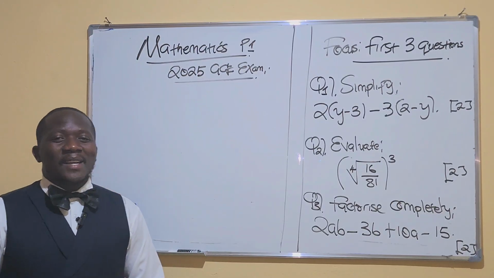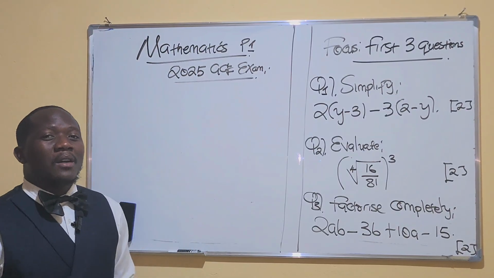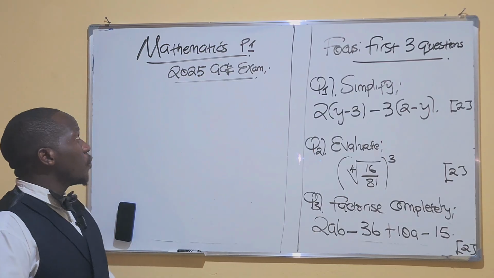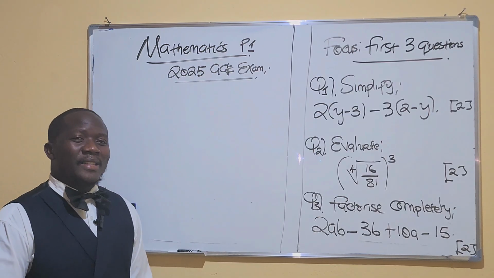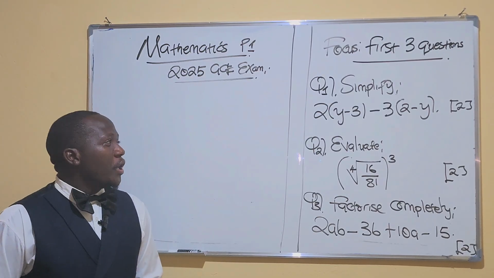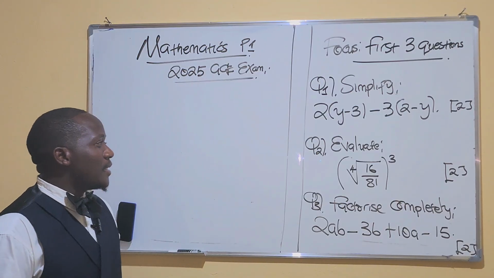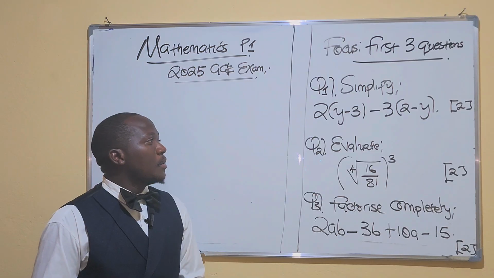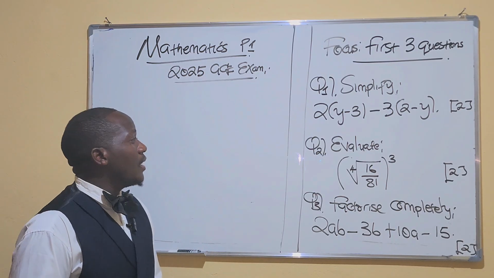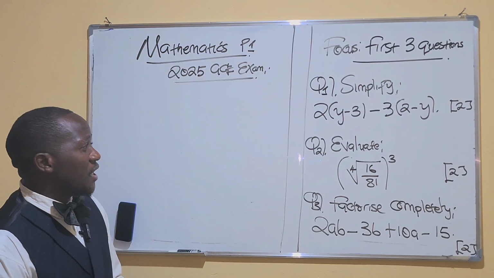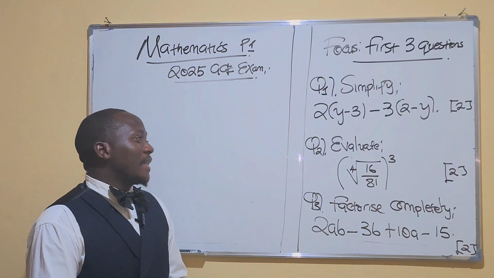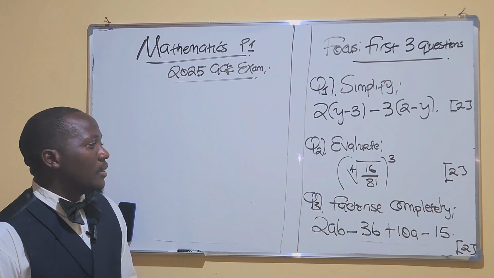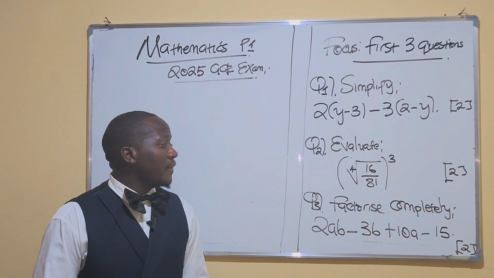In today's exam beneficial build-up tutorial, we're simply going to consider Mathematics Paper 1 2025 GCE exam. And of course, we're going to entertain concepts such as algebra, where we're going to talk about how to simplify a given expression, where 2 marks is allocated, and then we have question 2 talking about the laws or rules of indices.